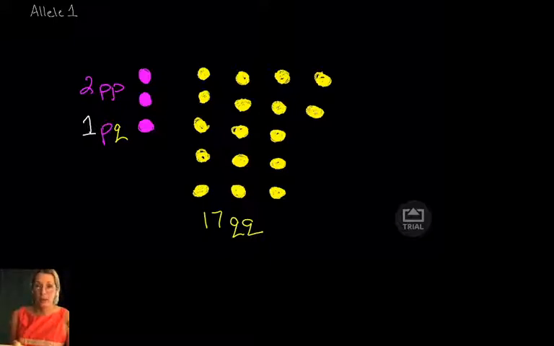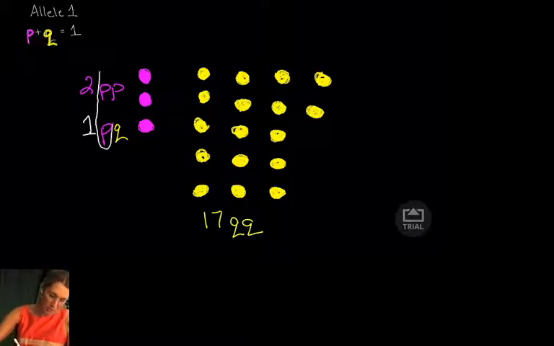So at allele 1, the first position, 3 individuals, the first position is P. So for these 3 individuals right here, allele 1 is P, because there are 2 that are homozygous P and 1 that's a heterozygote. First position is P.